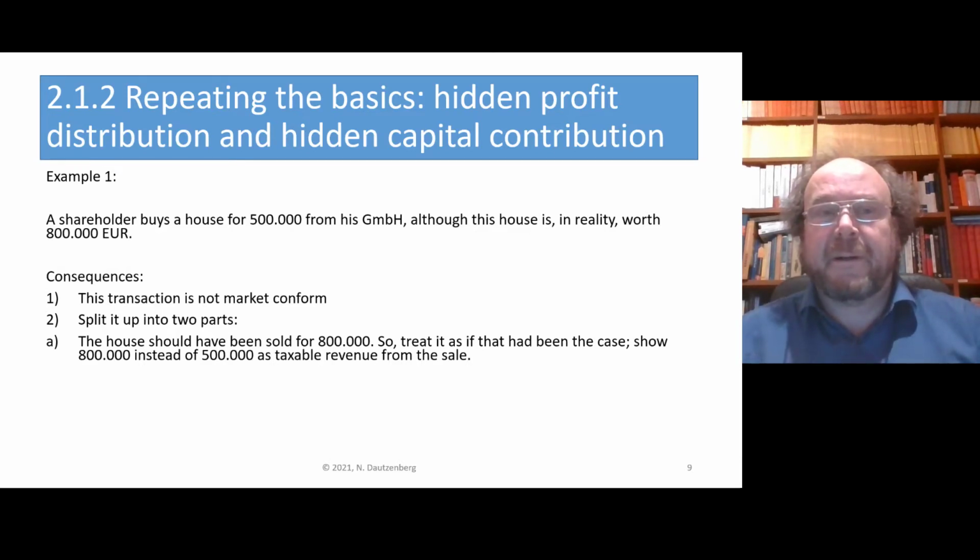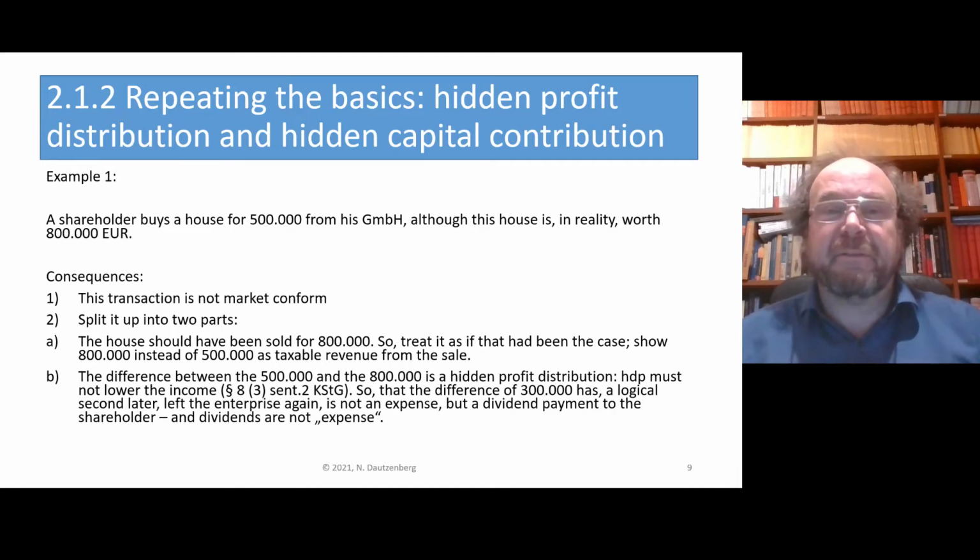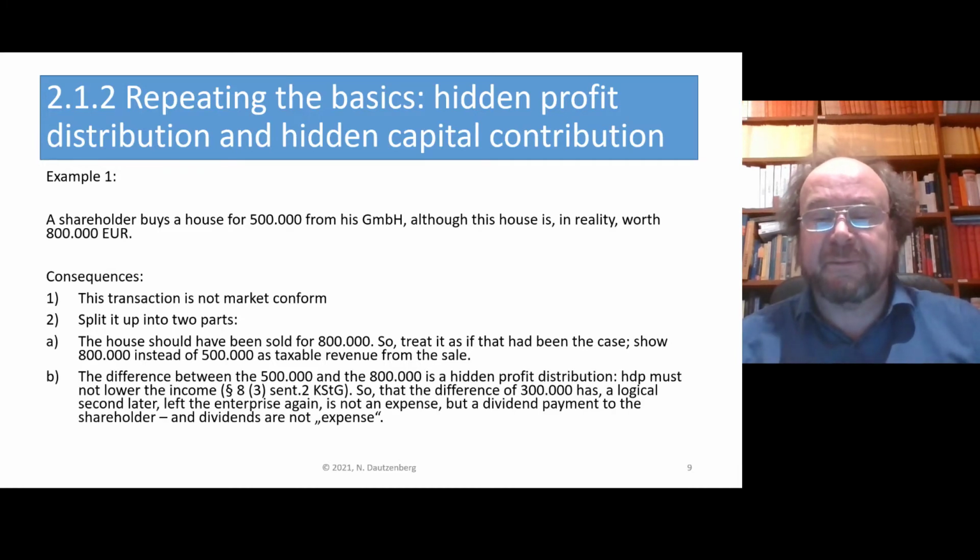So our GmbH would have to show 800,000 revenue from selling the house instead of only 500,000. And the difference between the 500,000 and the 800,000 would then be a hidden profit distribution.